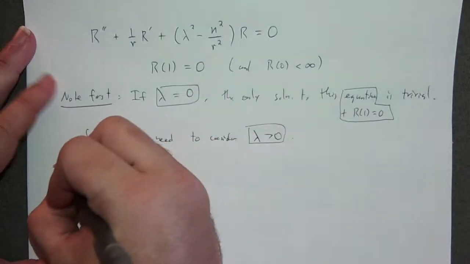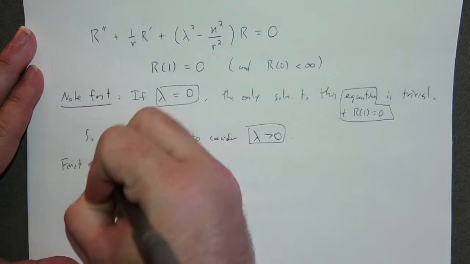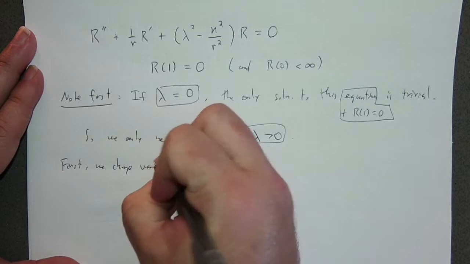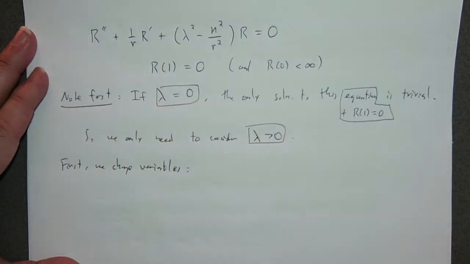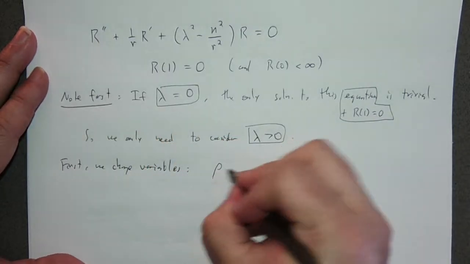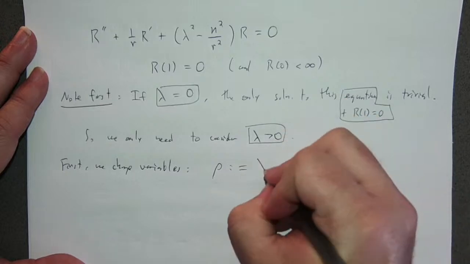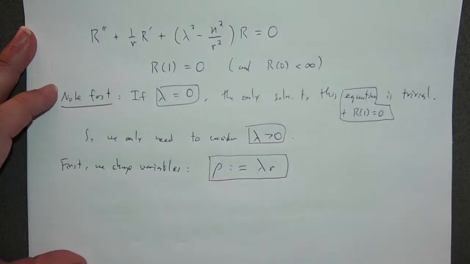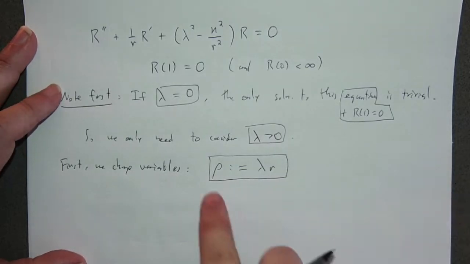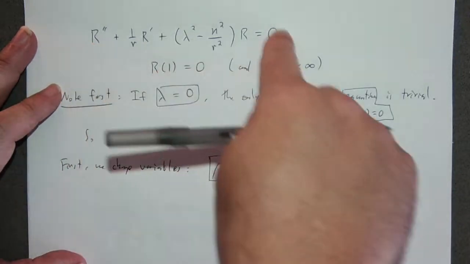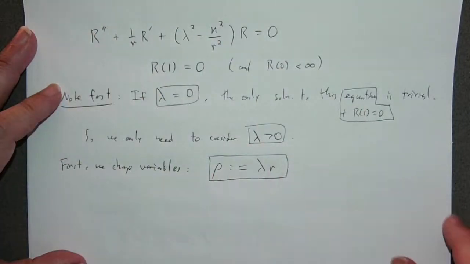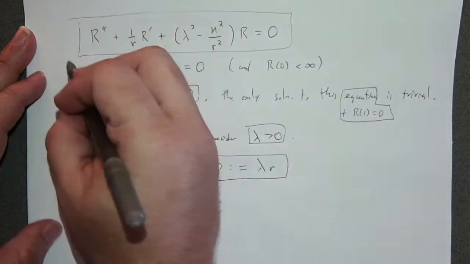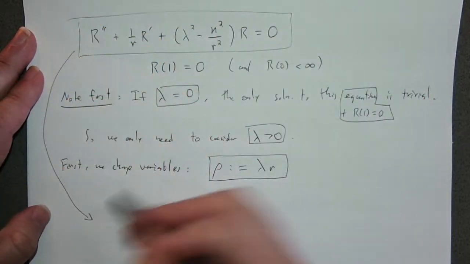So first, we change variables by defining rho to be lambda times R. If we do that and rewrite this equation in terms of this new variable rho, this equation becomes the following.